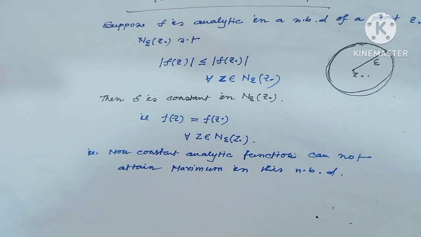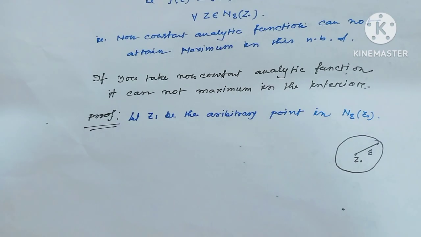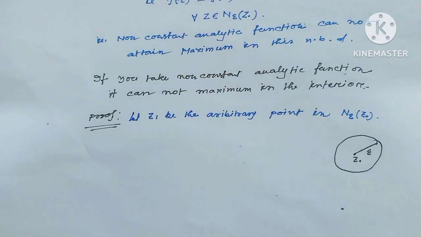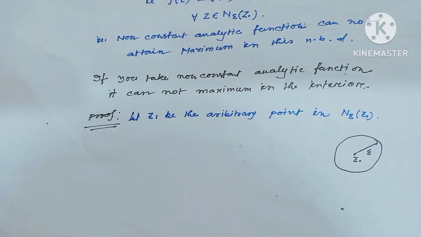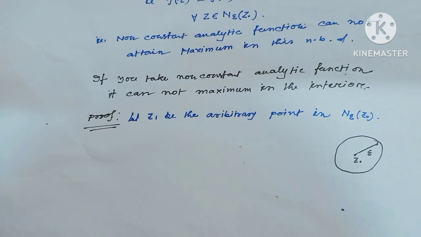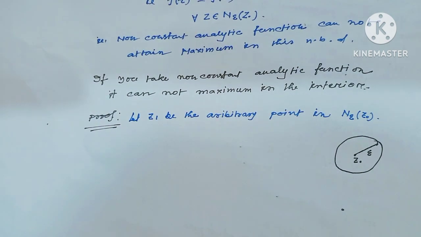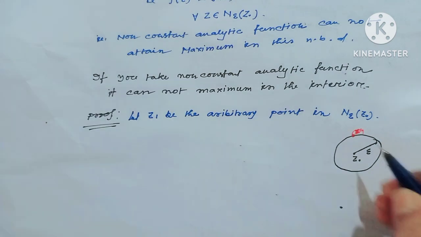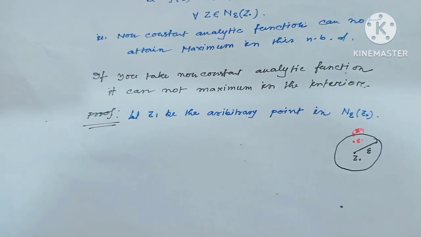If you take a non-constant analytic function, then it cannot attain a maximum at an interior point. For this, consider z1 as an arbitrary point and consider this epsilon ball around z0, with z1 an arbitrary point in this ball.